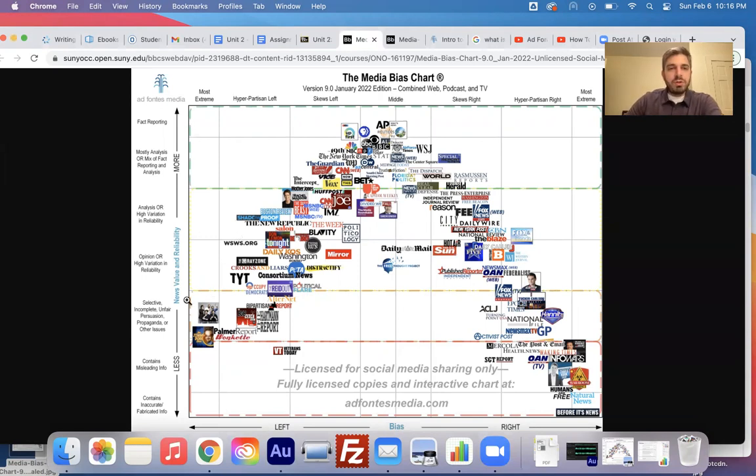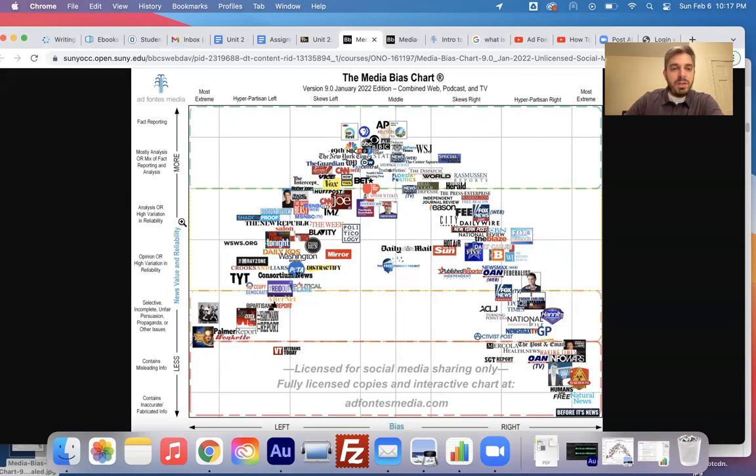If we look at the vertical side, at the very top we have fact reporting. That's what we're interested in. We want reporting that is based on the facts. Right below that would be mostly analysis, or a mix of fact reporting and analysis. Below that, analysis or a high variation in reliability.